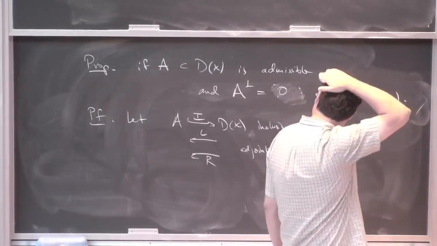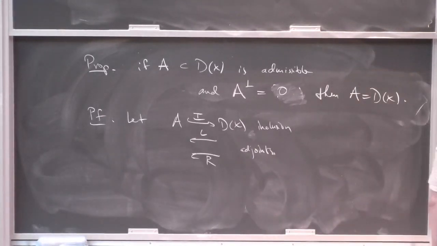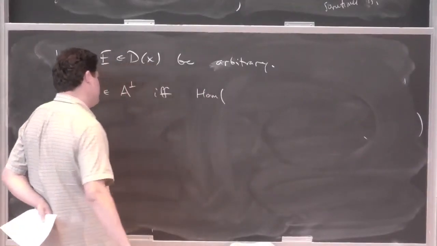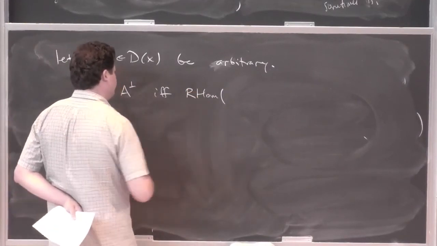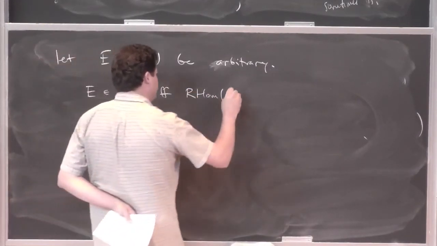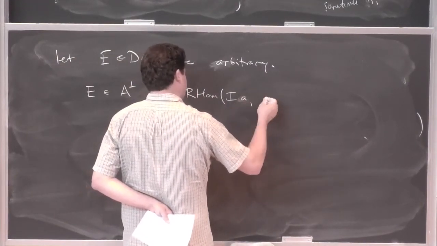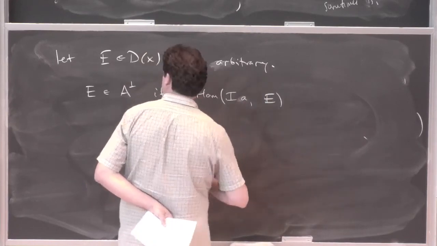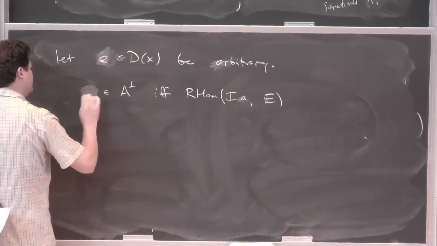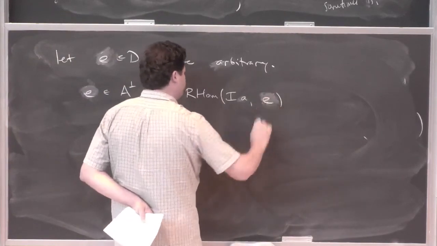Then you notice that E is in A perp if and only if RHom from the inclusion of something in A, I of A, to E, is 0 for all A in A. Sorry, let me make this a small e, so my functors can be big and my objects can be small.